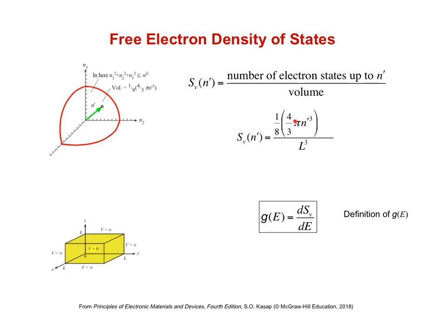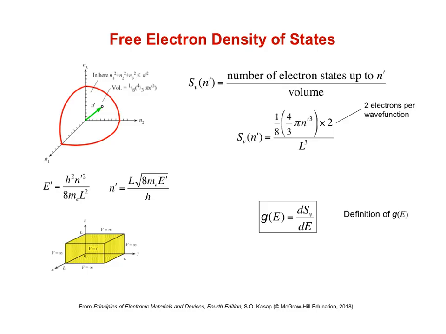That was 1/8 of the volume of this sphere, 4/3 pi quantum number cubed. And the volume of our sample is given by L cubed, the volume of our cube. Now, we mustn't forget that each of these wave functions can hold 2 electrons. So the number of electron states is 2 times the number of wave functions.